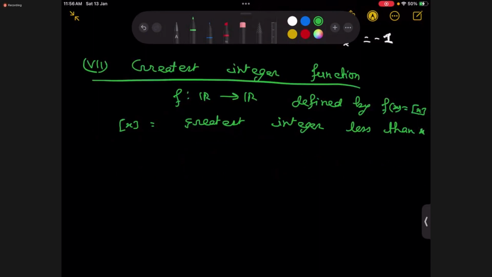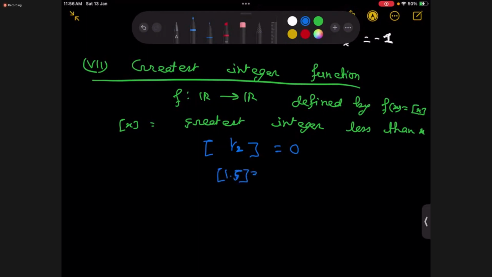Suppose, just take an example, suppose we are finding box of half. Now, what is the greatest integer less than half? So, less than half, the integers are 0, -1, -2, and so on. So what is the greatest one? The greatest one is 0. Similarly, what about 1.5?